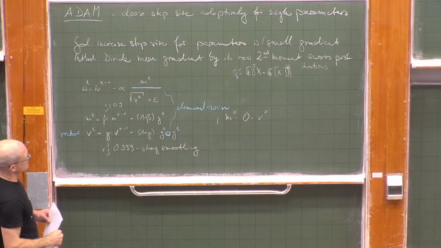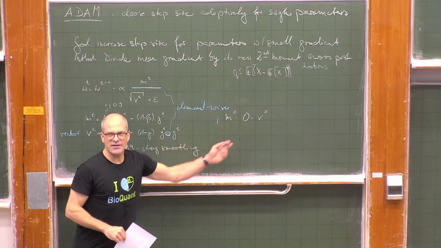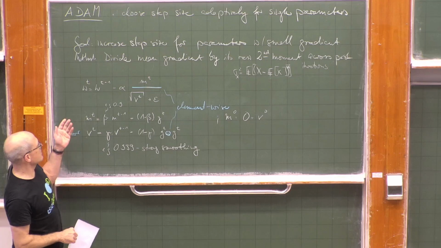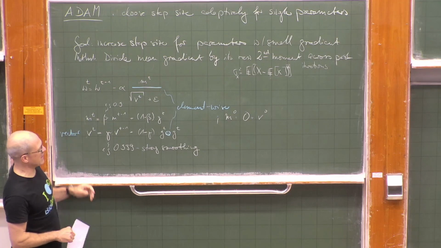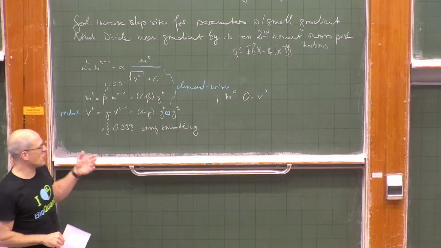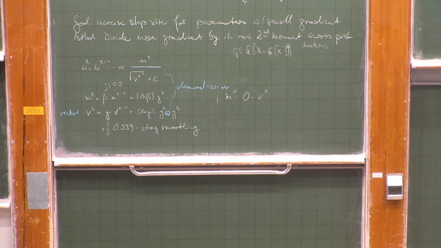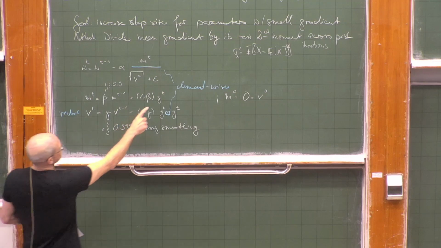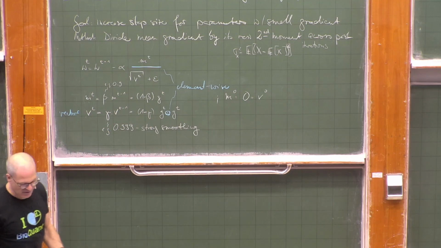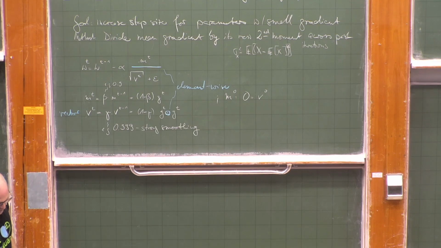And if we initialize with 0, we will incur some bias in the first iterations. Take a moment to think about what will be. So we have our gradient, and then we have our smoothed version, and during the first iterations, what will this bias look like?